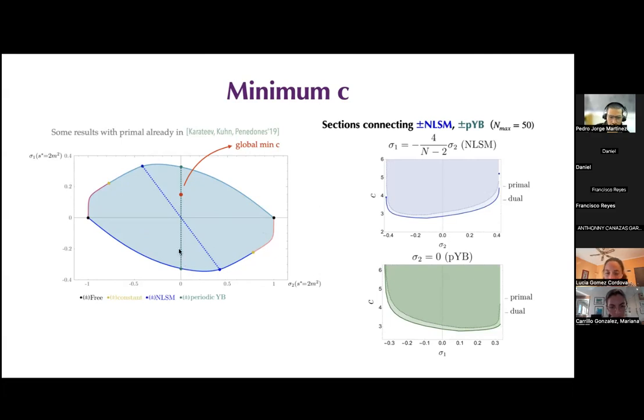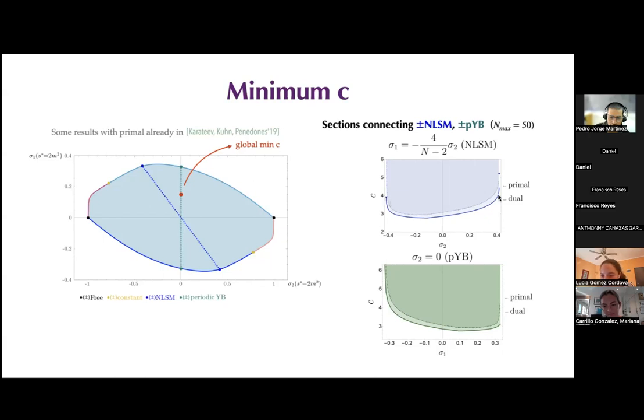I will show first. So for instance, for this section, connecting the nonlinear sigma model and its minus part, you get something like this. So with this dual approach, which is the rigorous bounds, you get something here, so that allowed values for C are in the shaded region. For the primal, you get something a bit larger here with the dashed.